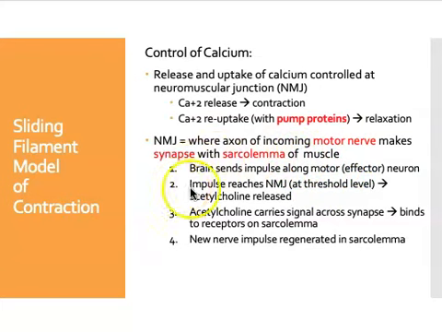The impulse is going to reach the neuromuscular junction. And as long as it's a strong enough impulse, and again, we'll talk about threshold level when we talk about the nervous system, when the nerve impulse gets down the axon to the end, a neurotransmitter is going to be released. And that neurotransmitter at the neuromuscular junction is called acetylcholine.